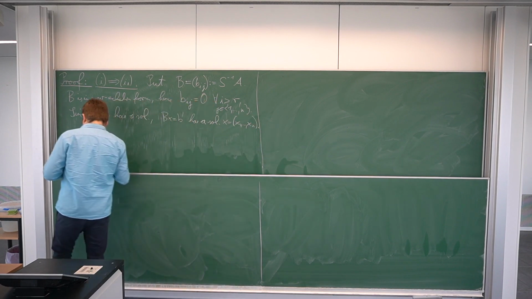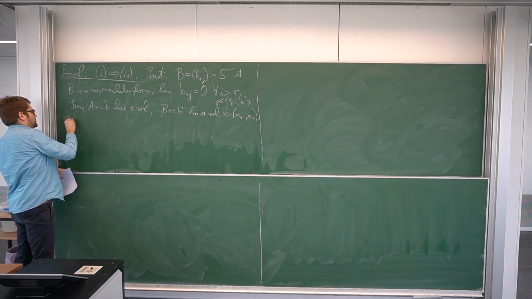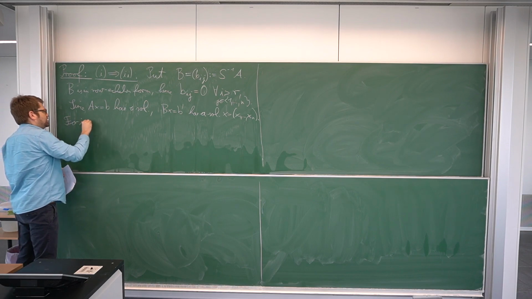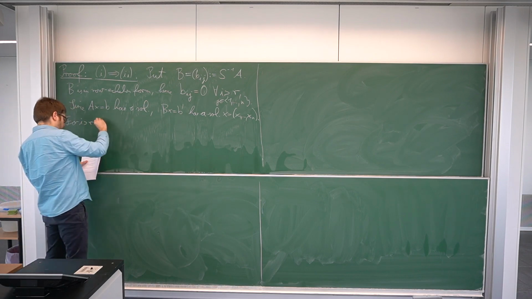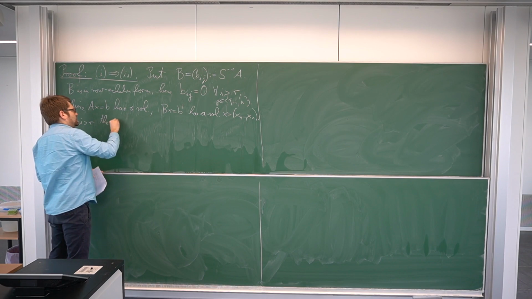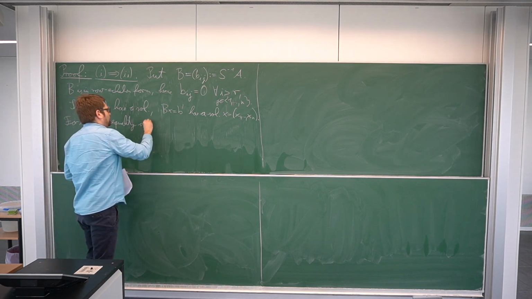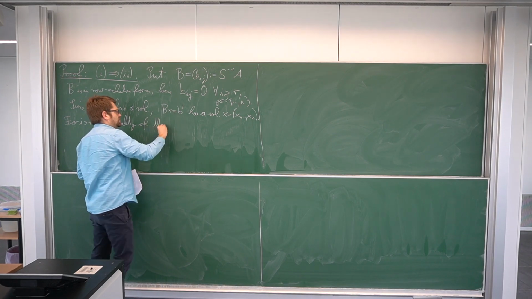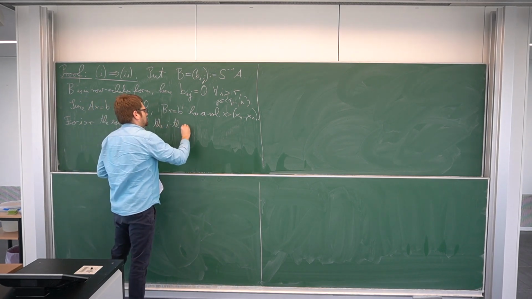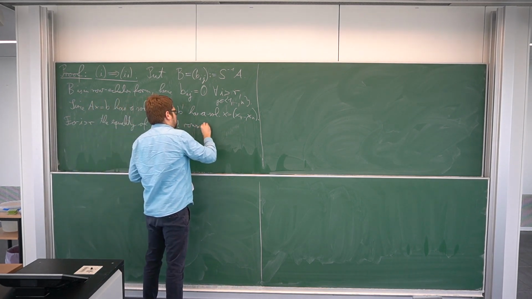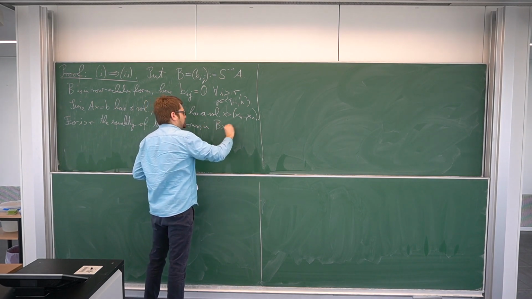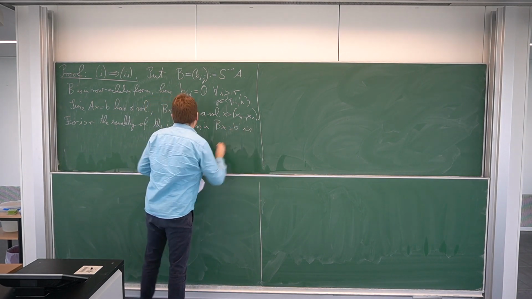Now, for i bigger than r, the equality of the ith rows in Bx equal to b prime is given as follows.